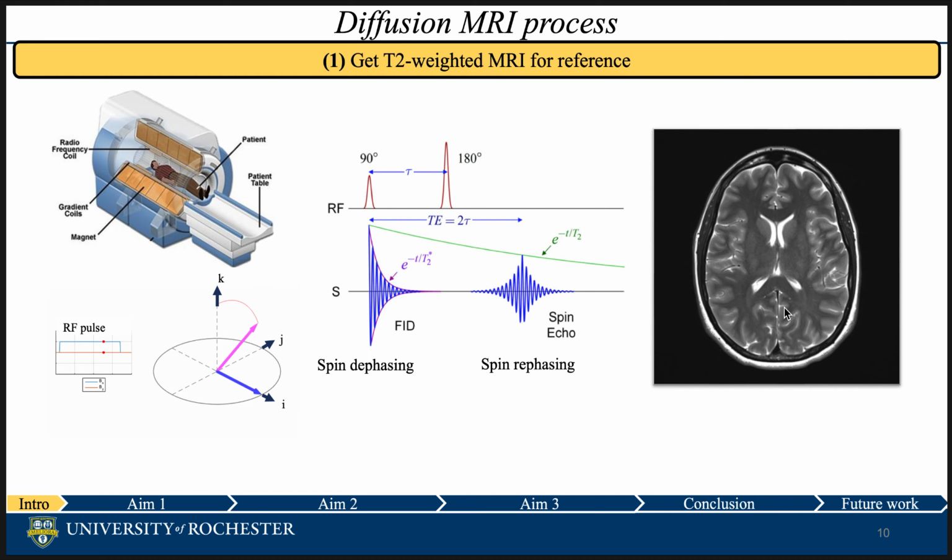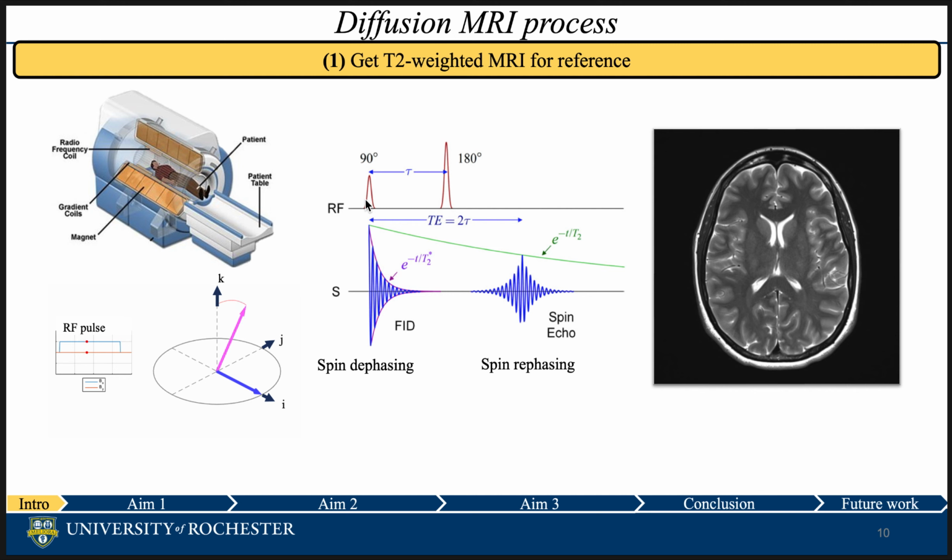Now we apply some form of energy pulse in this uniformity to disturb the system, and then we listen for echoes to come back to us. And when we listen for echoes, different tissues in the brain reflect or absorb the signal differently. So different tissues give us different contrast.